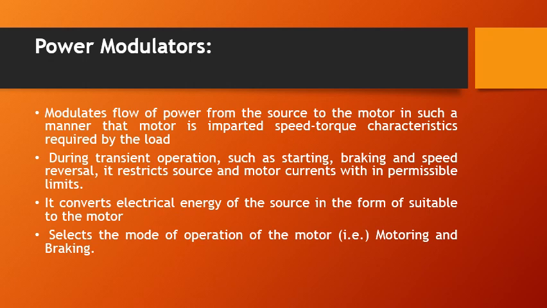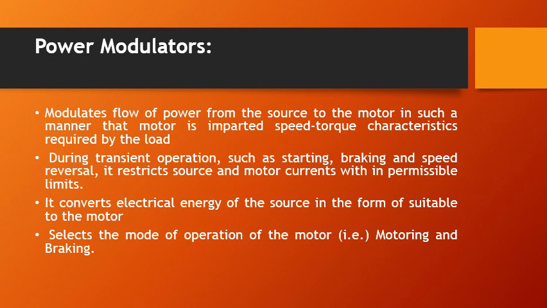We all know that during the start of an electric vehicle, it requires more power, which should be drawn from the source. It may overload it or may cause a voltage dip. Then, it converts the electrical energy of the source into a form suitable for the motor.